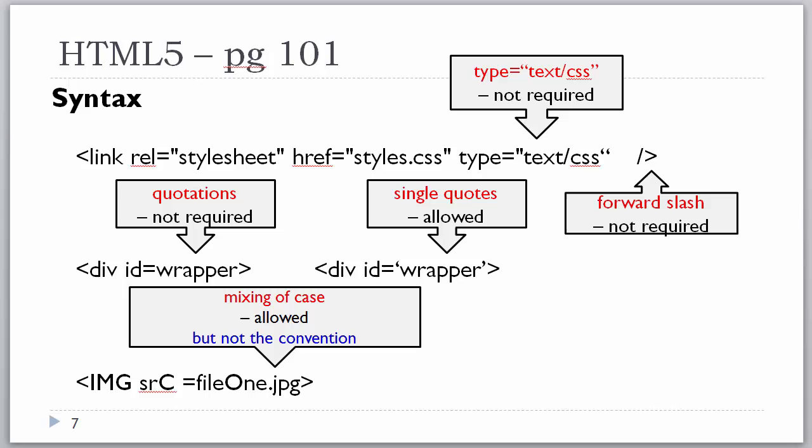However, you can, and single quotes are also allowed. XHTML was a very strict language and everything had to be lowercase. So now technically you can mix your case structure. However, that is not the convention and I don't necessarily advocate it.